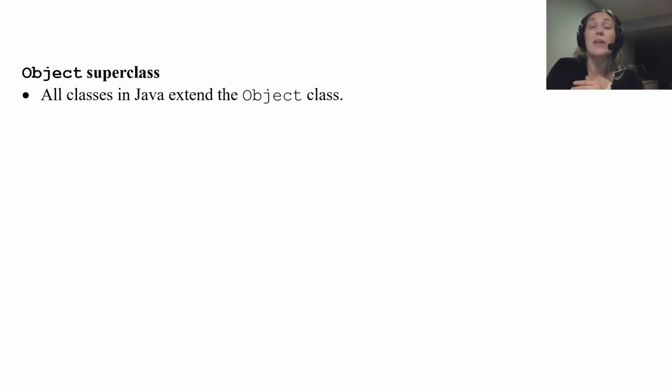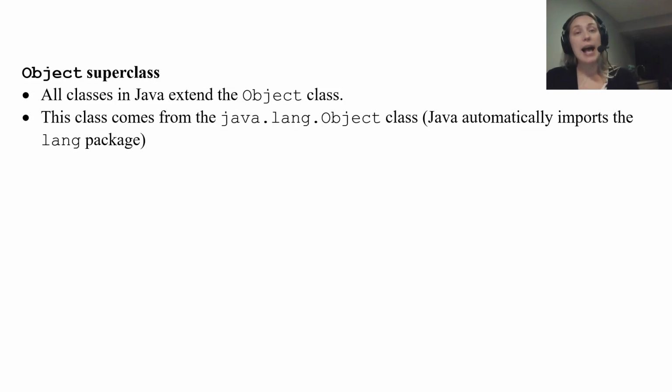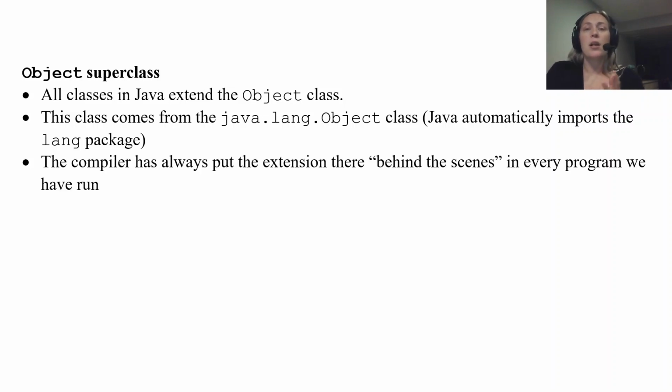It's always there. It's always been with us. It's always been close. This class comes from the java.lang package. And remember that Java automatically imports the lang package, so it's not an import statement you even have to think about. The compiler has always put this extension there behind the scenes, right?